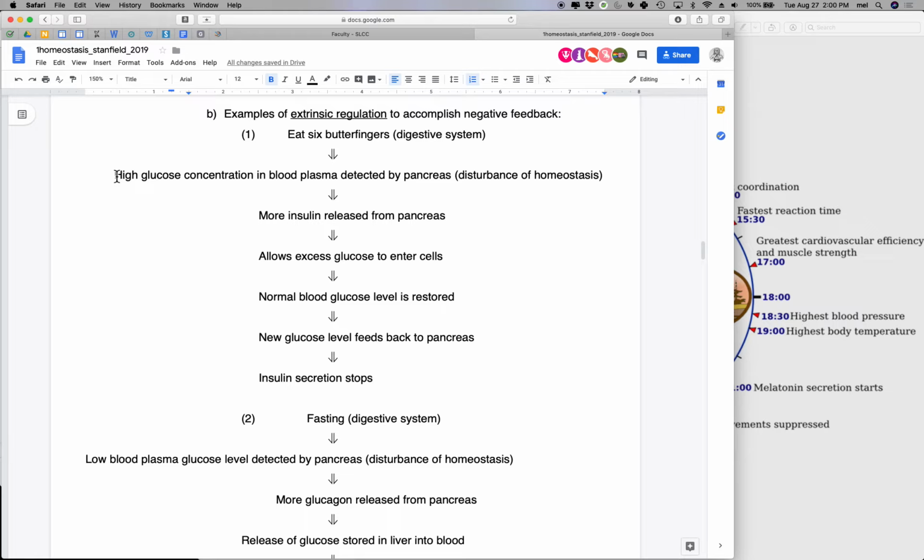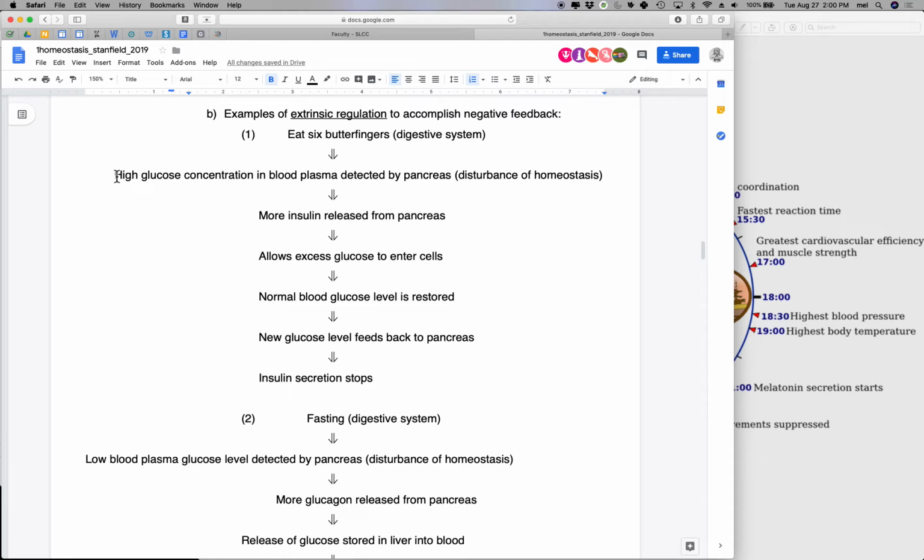What is going to happen is you're going to have that massive increase in glucose, which is going to go through the bloodstream, and it's going to be measured by the pancreas. So in this particular instance, the pancreas is serving as what? It is going to measure the glucose concentration and respond to it like a receptor.